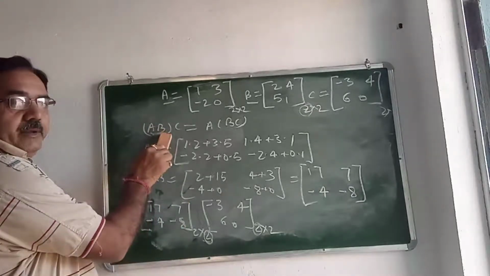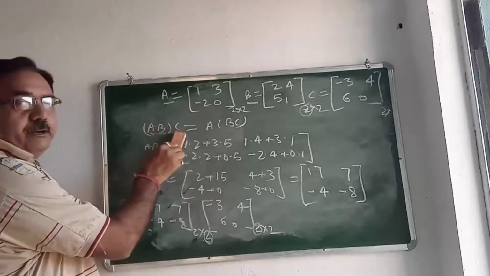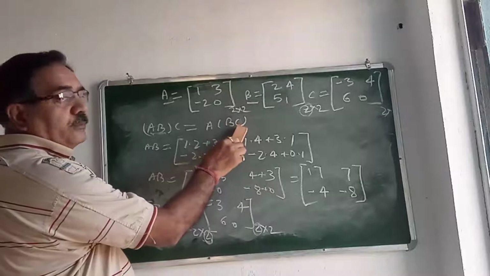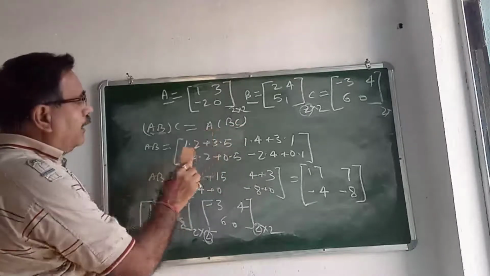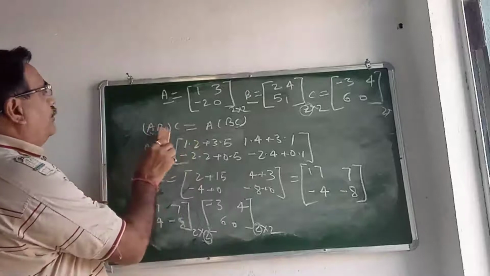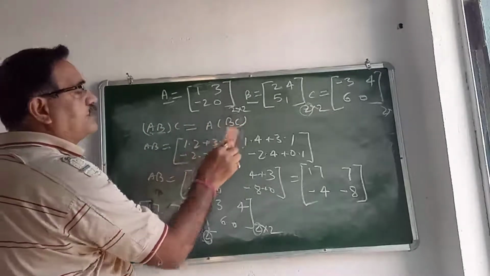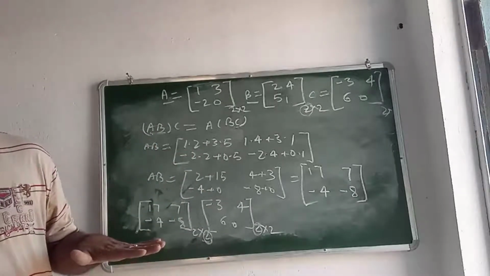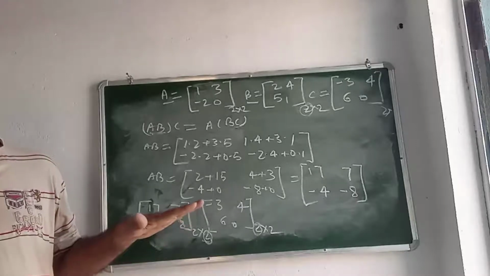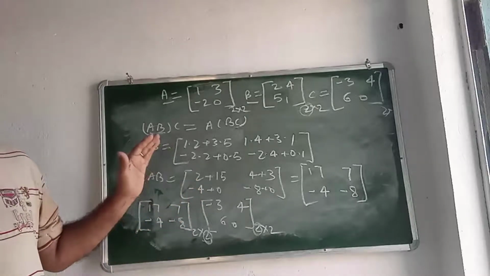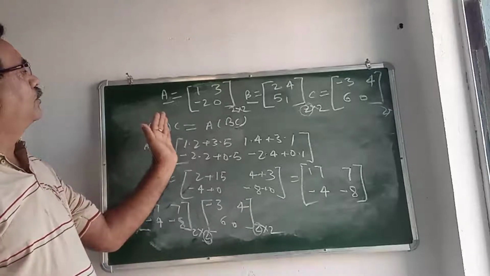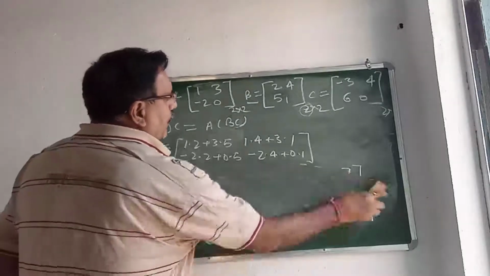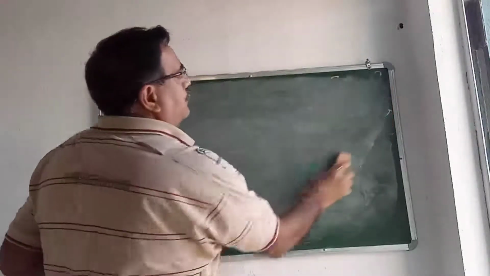First you multiply AB, and from that result you multiply with C. Similarly here, first you multiply BC, and from that result you multiply with A. If both are equal, AB into C is equal to A into BC, it is verified. If not equal, then you have to write that it is not equal.